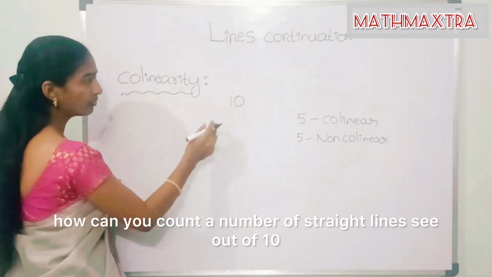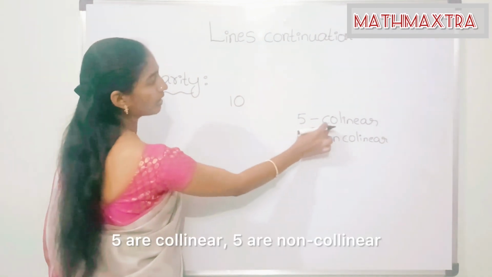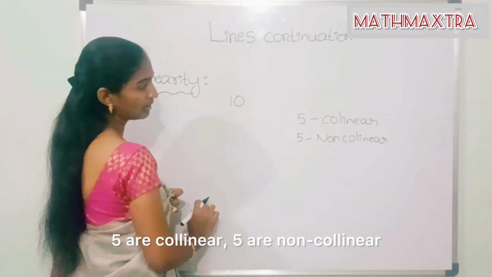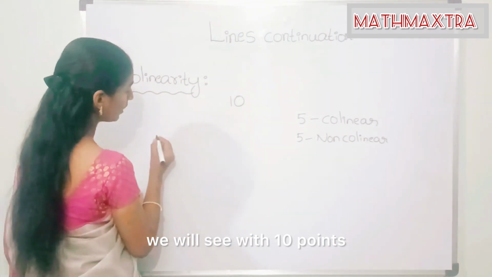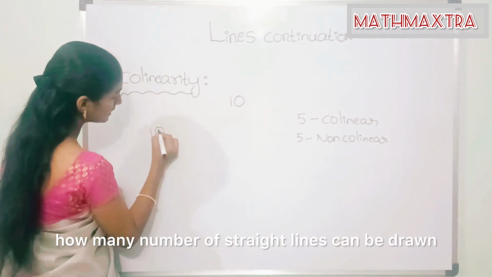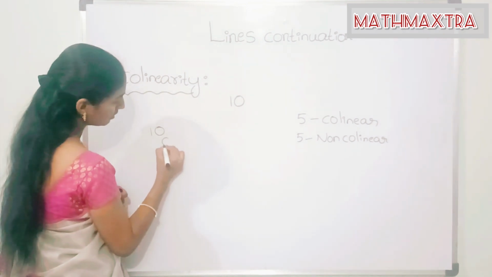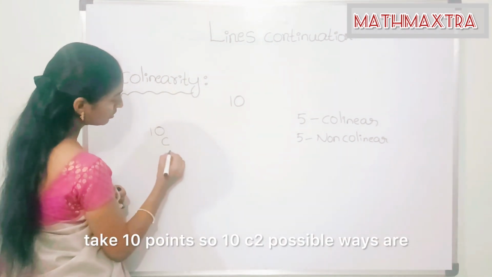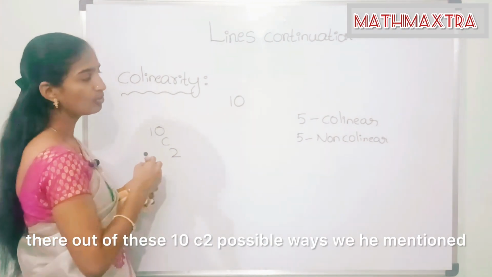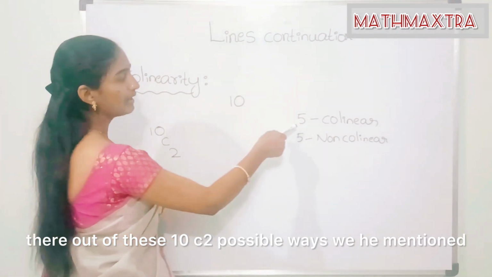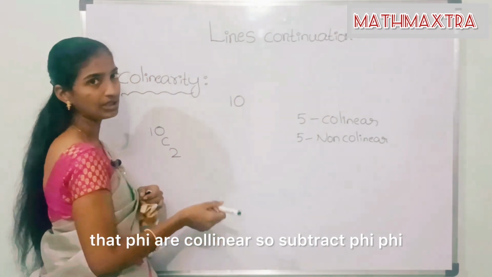See, out of 10, 5 are collinear, 5 are non-collinear. So we'll see with 10 points, how many straight lines can be drawn. Take 10 points, so 10C2 possible ways are there. Out of these, he mentioned that 5 are collinear.